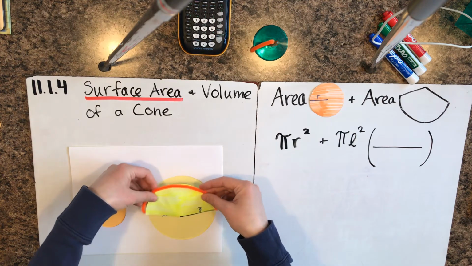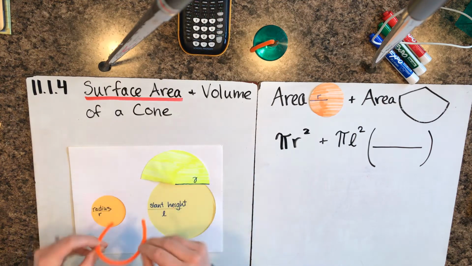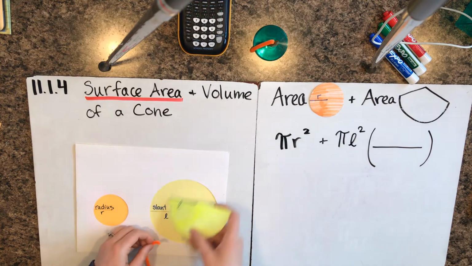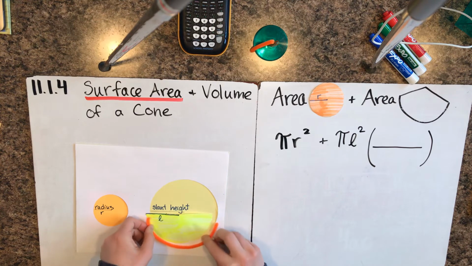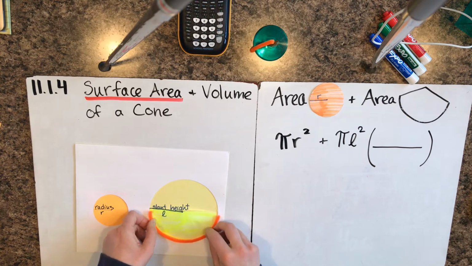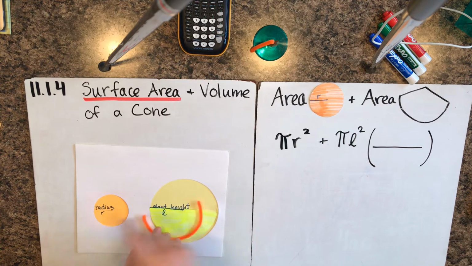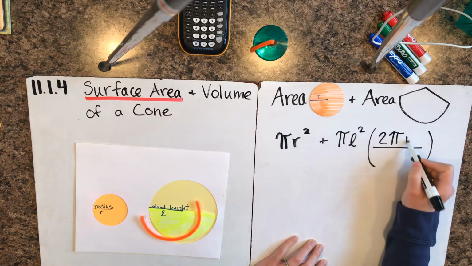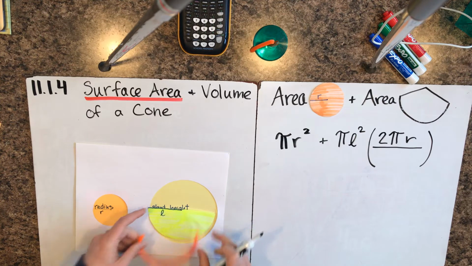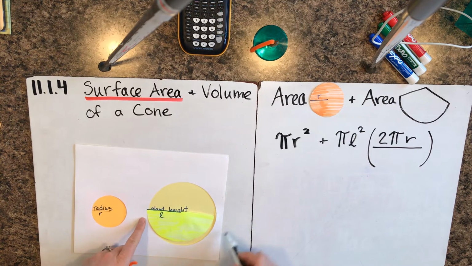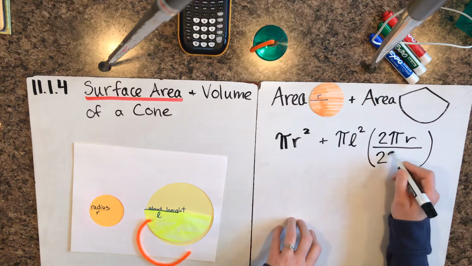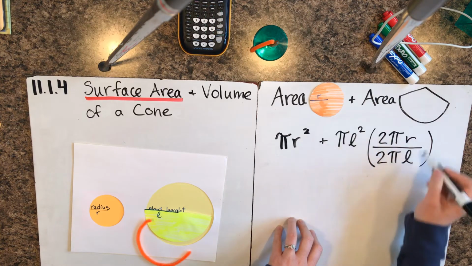Again, I'm human, it's not quite perfect. But this was the circumference of the entire thing, and it became how far around the big circle we have to go. So the part is the circumference of the little circle, 2 pi r, and the whole is how far around we would go the entire big circle, which would be 2 pi L. Again, this is just the circumference.